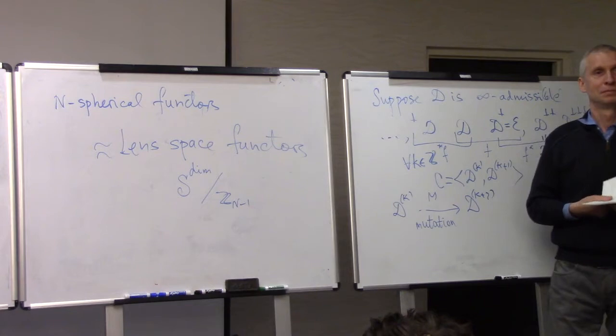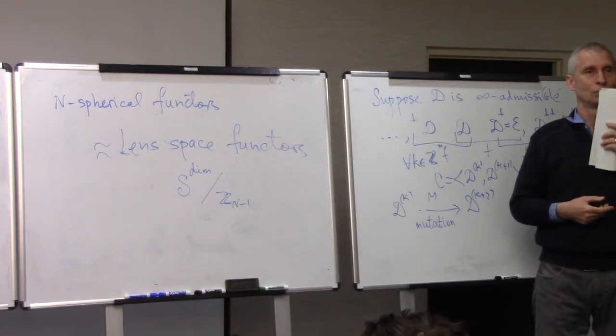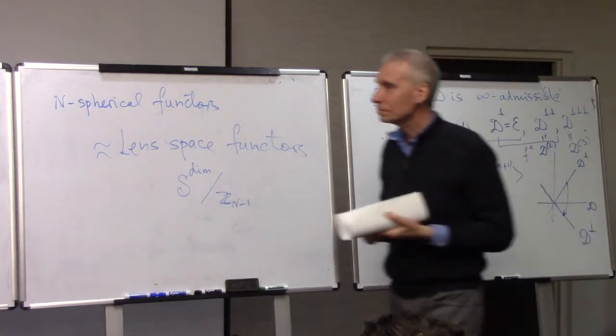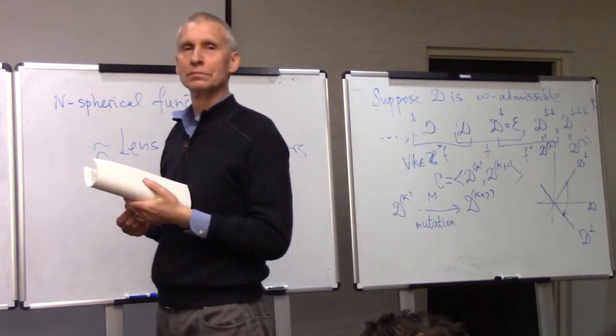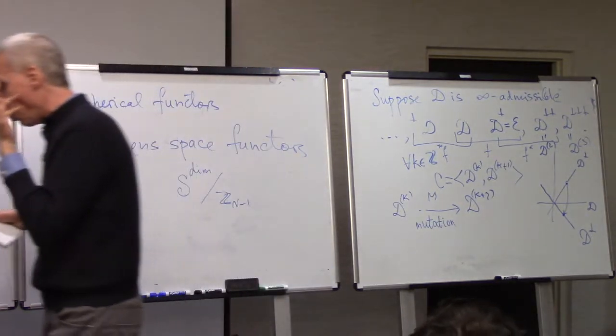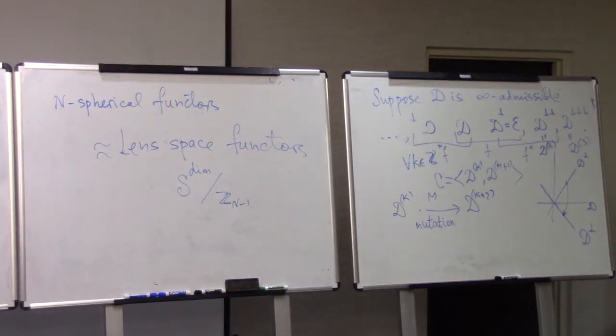So what was this, that there is one more object in there? Say it again? So you were saying that if you add one more object to this... No, I'm saying that when we interpret properties of a functor in terms of orthogonals, then orthogonals where? In the category which is glued out of the source and target of the functor.